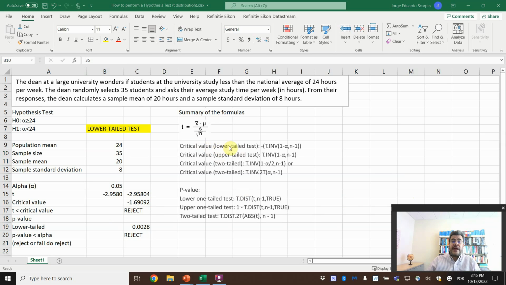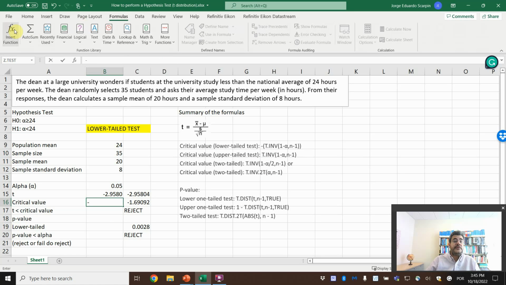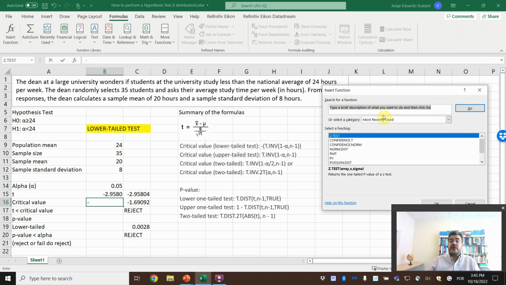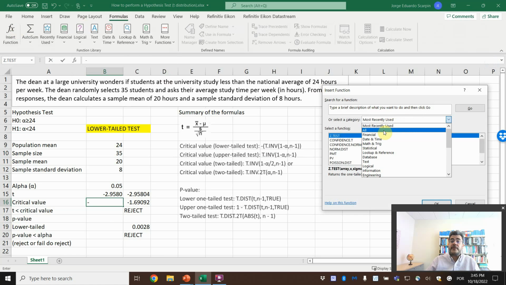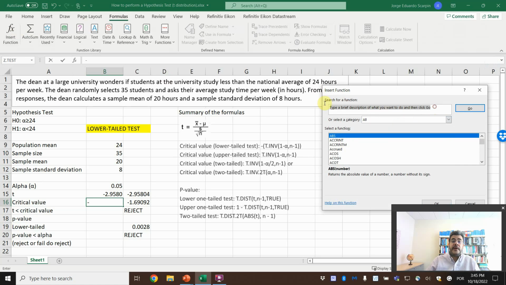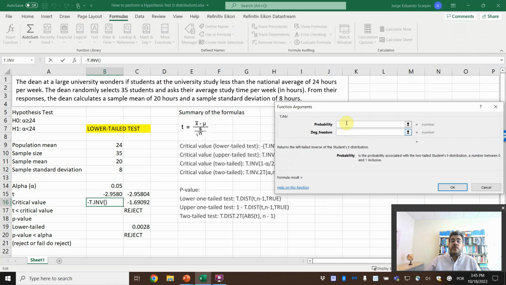The critical value on a lower tail test is negative T.INV. So let's go to formulas, insert function, all, and then T.INV.